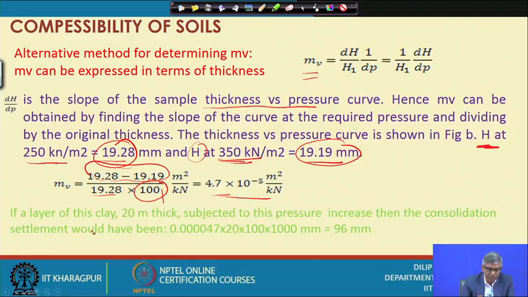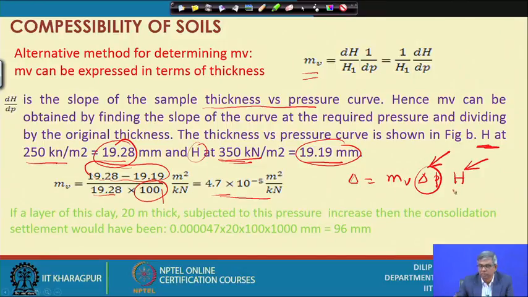Now, if you know mv, for the calculation of settlement, as I have already mentioned, delta equals mv into del P into H. What is the pressure increase? What is the thickness and mv?